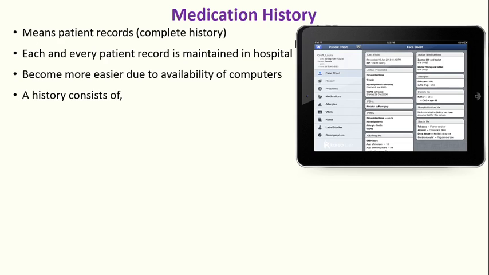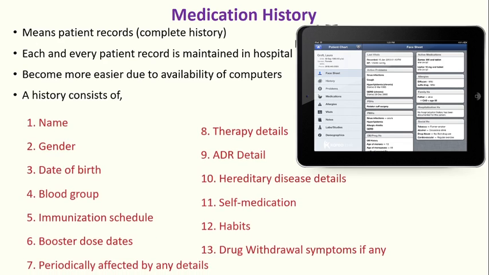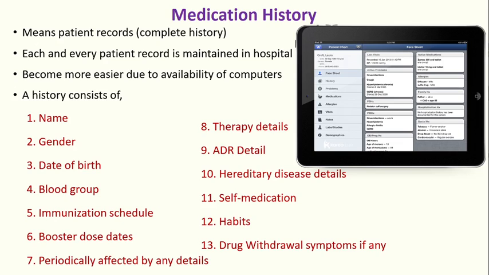This medication history consists of the name of the patient, gender, date of birth, blood group, immunization schedule, booster dose dates, periodically affected diseases as well as the therapy given to that patient, adverse drug reaction details if any, hereditary disease details, self-medication, patient habits, and drug withdrawal symptoms if any.